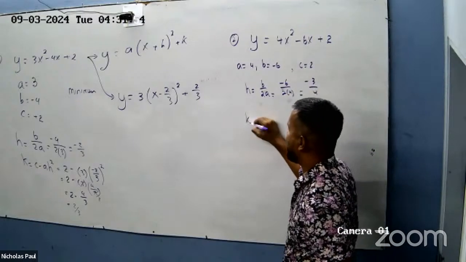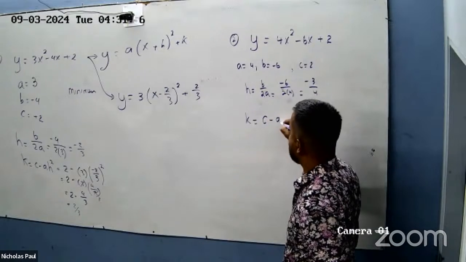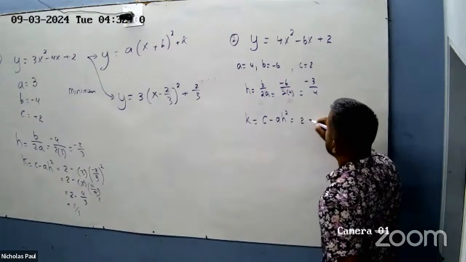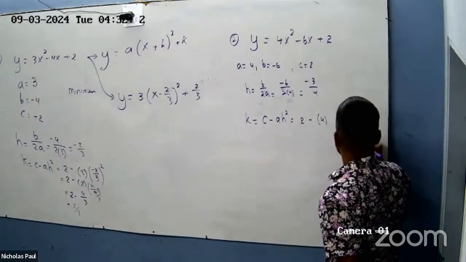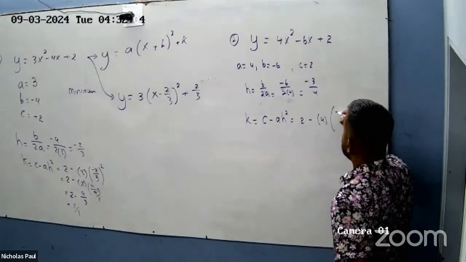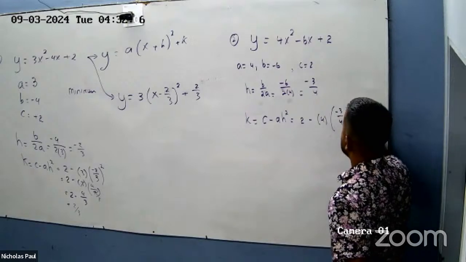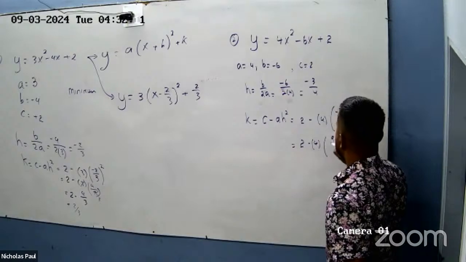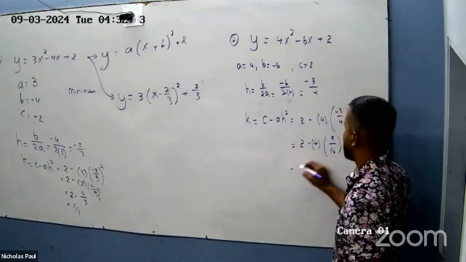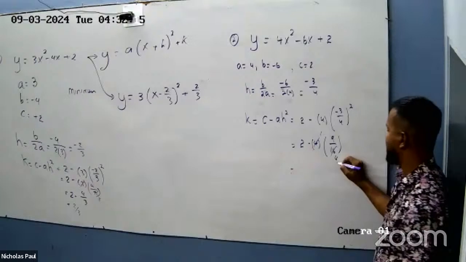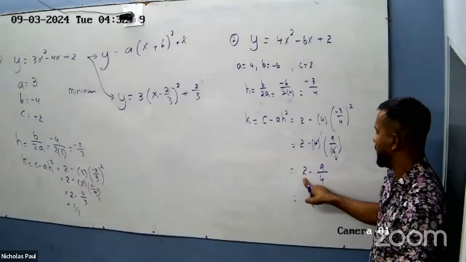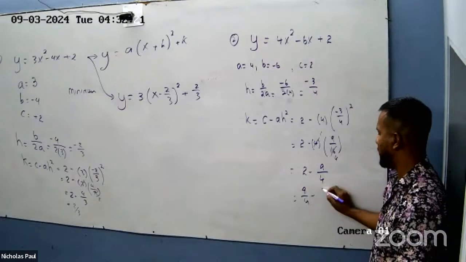And then you want to find K. K is C minus AH squared. What was C? C is 2. A is 4. And H is minus 3/4, squared. So that's 2 minus 4 times 9 over 16. 4 into 16 cancels, so it's 2 minus 9 over 4, which is the same as 8 over 4 minus 9 over 4, which is minus a quarter.